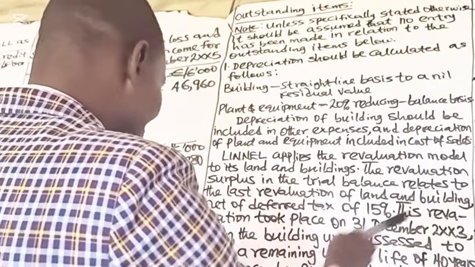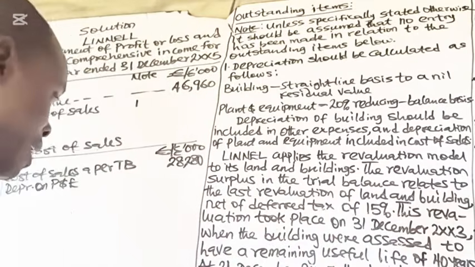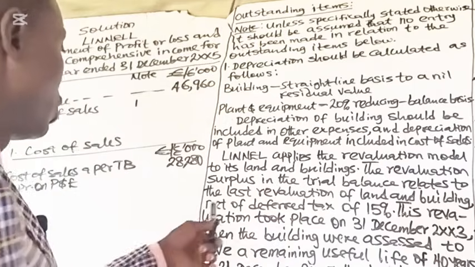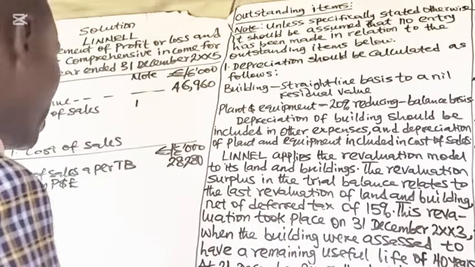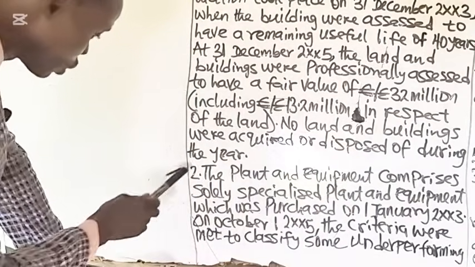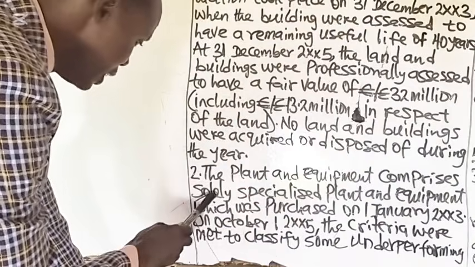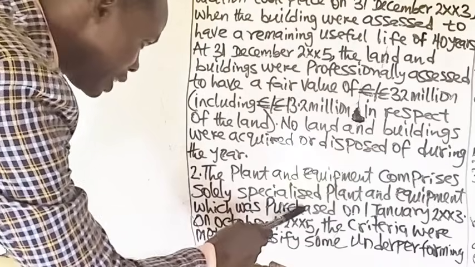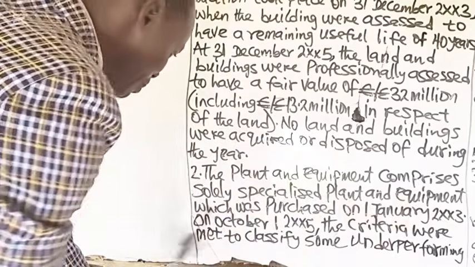This revaluation is still revaluation on land and building. Every other information given in Note 1 relates to the land and building. The plant and equipment, that is Note 2, comprises solely specialized plant and equipment, which was purchased on 1st of January 2003.